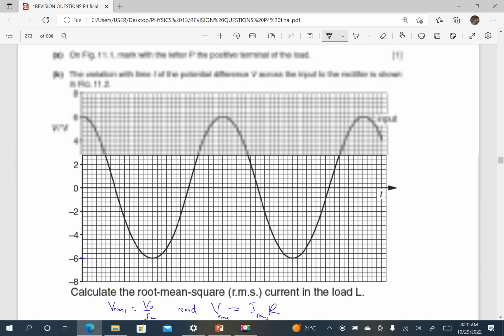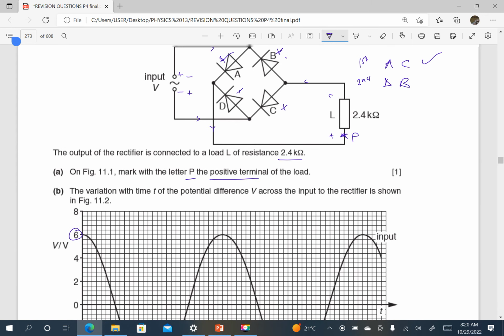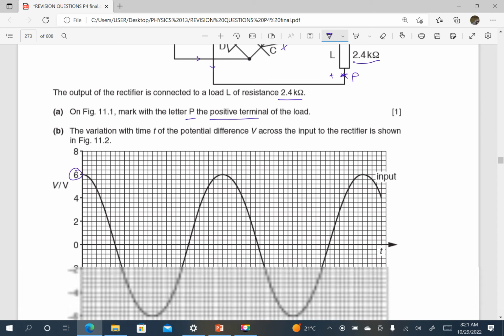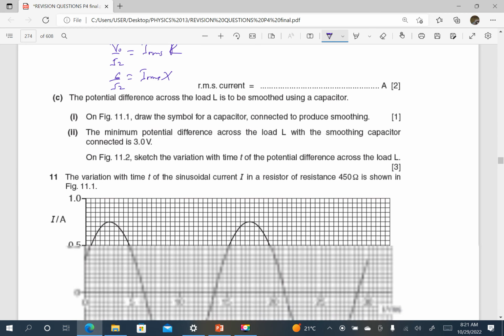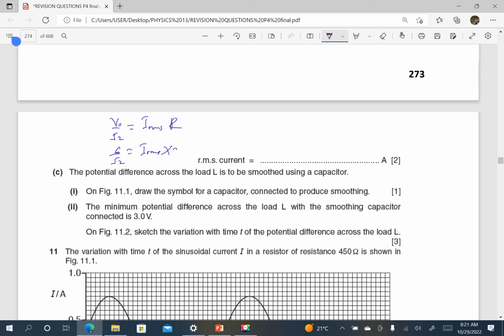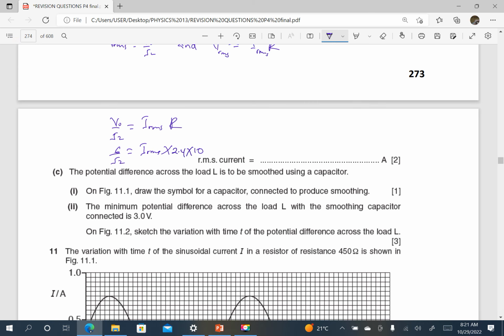And they gave us R from the question as 2.4 kilo ohms. So this will be 2.4 times 10 power 3. So we just simply divide 6 by root of 2, then divide by 2.4 times 10 power 3.